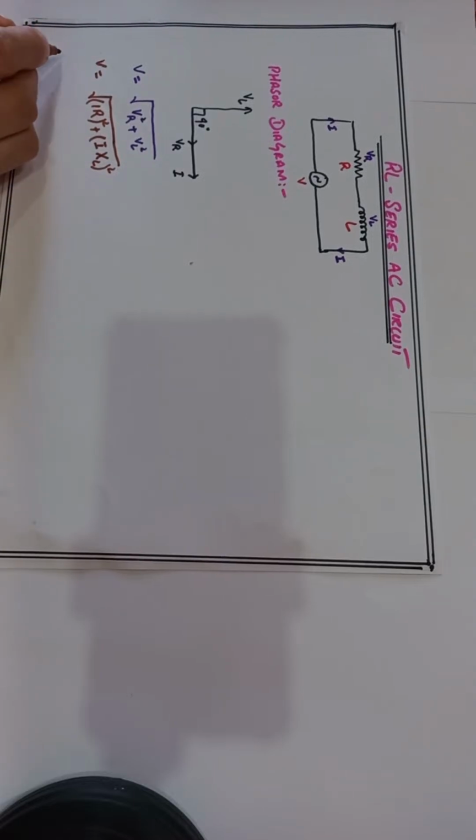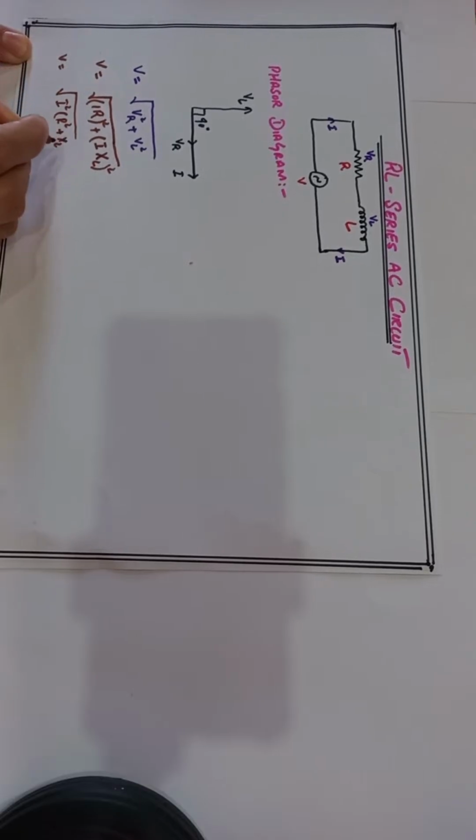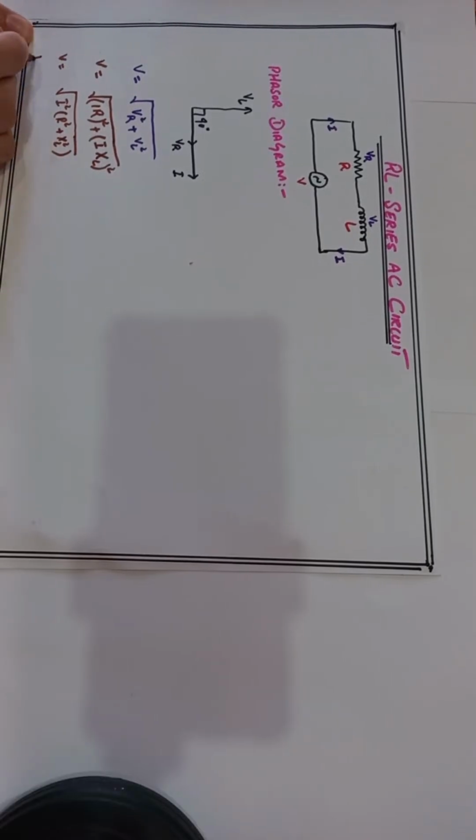If we find the resultant applied voltage, V is the square root of (IR) squared plus (I XL) squared. If we take the current I out of the square root, it becomes I times the square root of R square plus XL square.